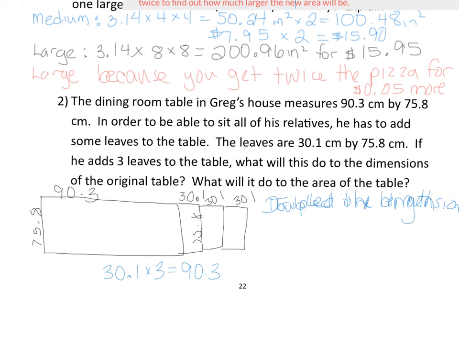So he has effectively doubled the length of his table. And then you are asked, what does this mean? It means that the area is doubled. Because he only affected one dimension, he only has one scale factor to deal with.